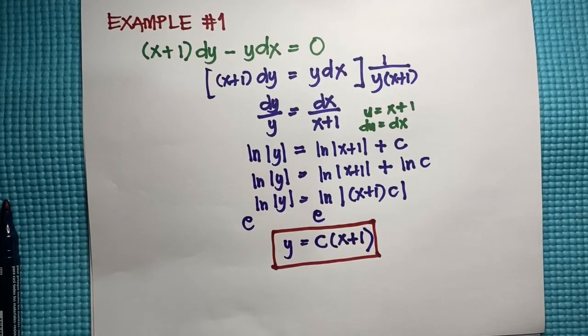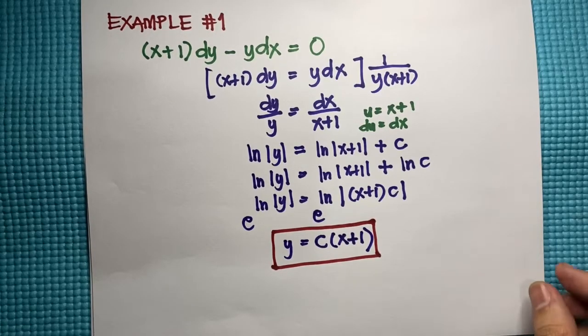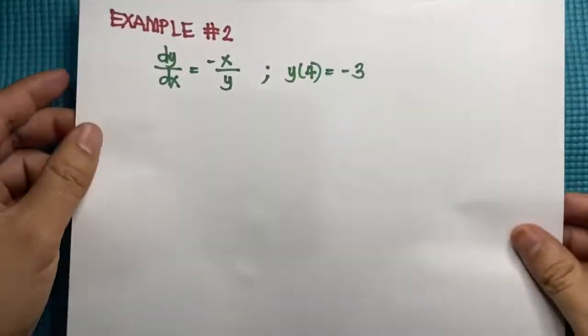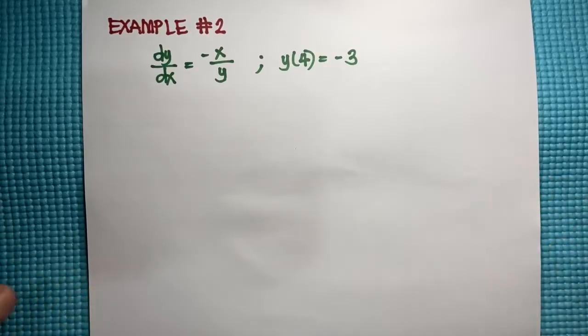So that is for our first example. Let's proceed with another example. In this case, we have another simple one, but this time it involves an initial value.